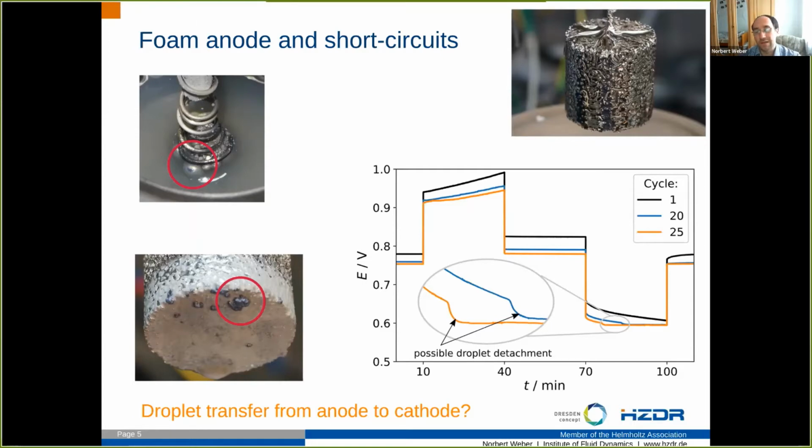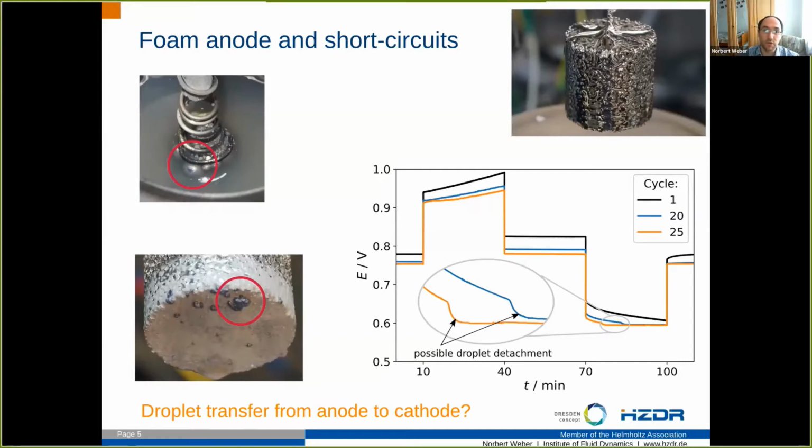In this inset you can see it, and this happens very suddenly in a very short time. For us, the only explanation is that there was suddenly some amount of lithium transferred from the top to the bottom. As this always happens under this spiral or under the foam, we cannot observe it visually, but we think it might be possible that some bubbles formed just below this foam because of insufficient wetting, and this bubble was then transferred to the bismuth phase.